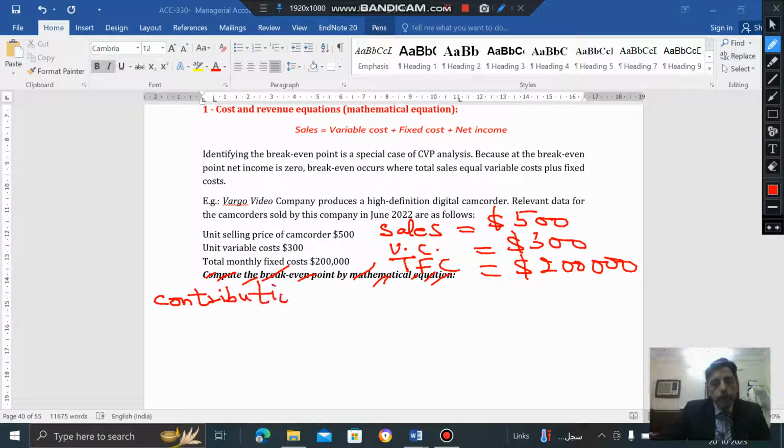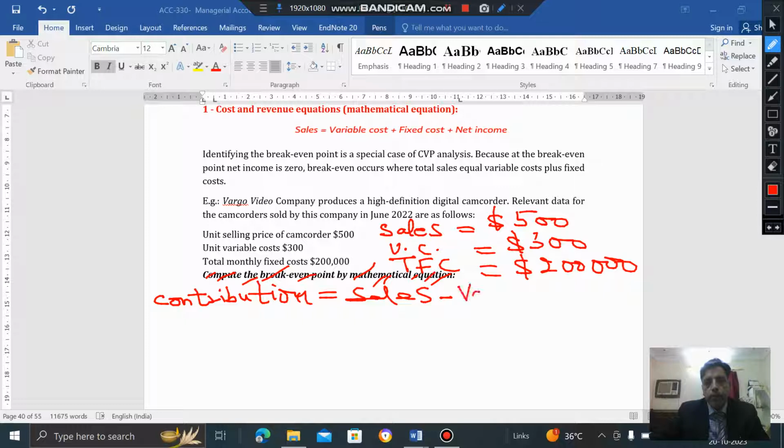So just write here: contribution is equal to... Contribution is a part of the profit, which is available to cover your fixed cost, from the one unit sale. After selling one unit in the market, what is the variable cost? That means your direct material, direct labor and some overheads.